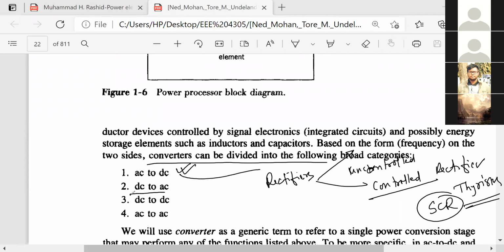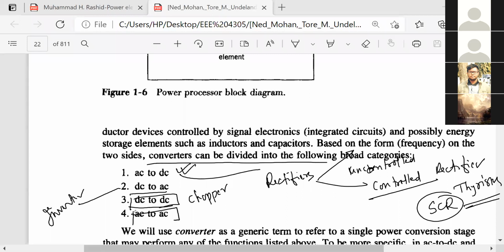There could be DC to AC, and this is also known as the inverter. And DC to DC is known as the chopper also. There are different types of DC to DC converter: buck converter, boost converter, buck-boost converter, Cuk converter. Have you heard the names? Yes, sir.